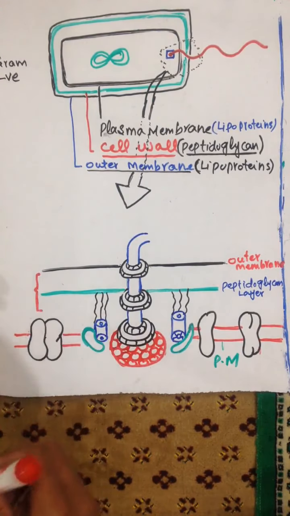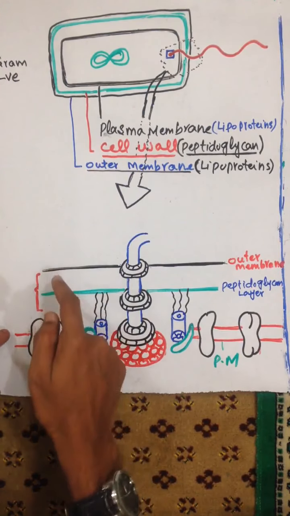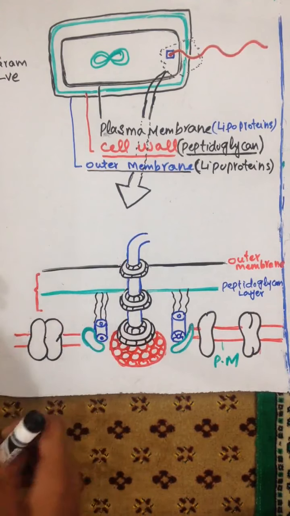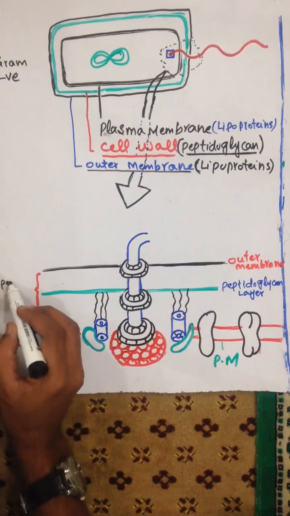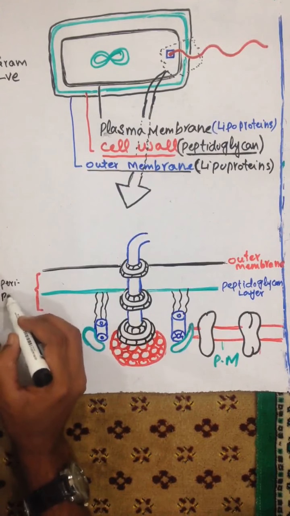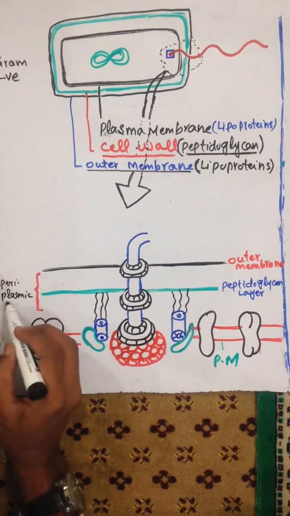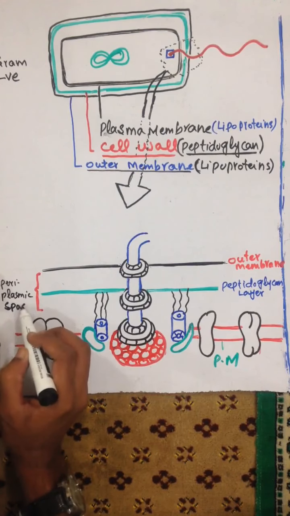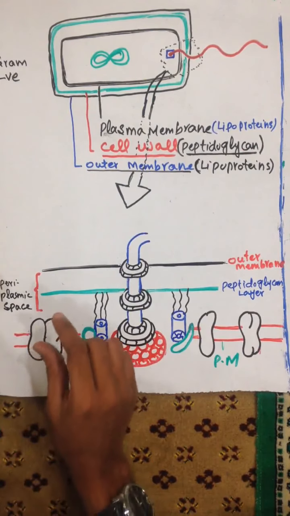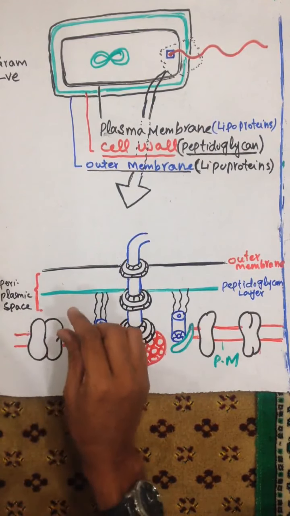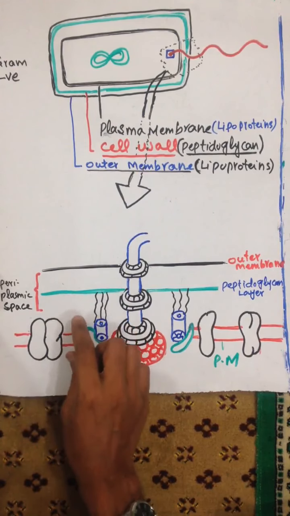This space present between the plasma membrane and outer membrane is called the periplasmic space. Actually, this space is composed largely of the gap which is present between the peptidoglycan layer and plasma membrane.